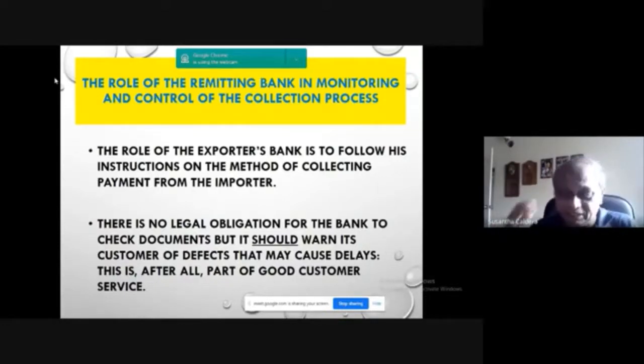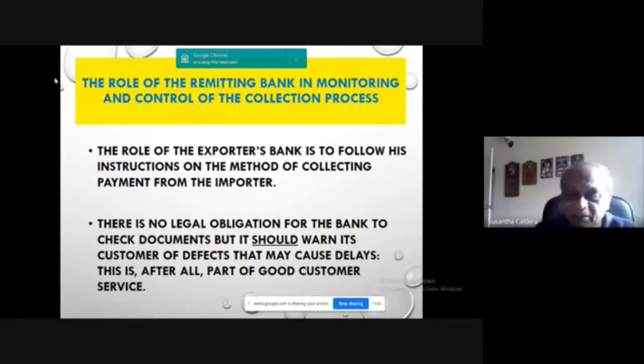Because one person is handling maybe 2 or 3 companies. So it can happen. So that is why the remitting bank, as a prudent bank, even though legally there's no obligation to check the documents, should check whether the documents are in line with each other, at least. Right?